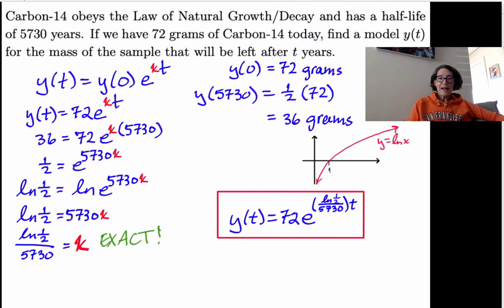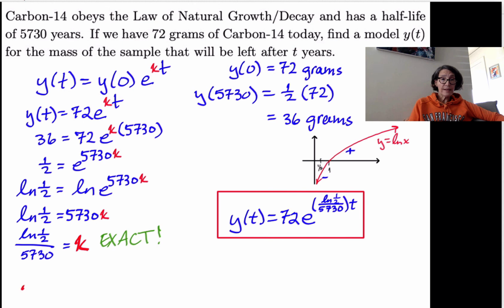For any x greater than 1, the y-coordinates are positive. The natural log of a number greater than 1 is a positive number. But the natural log of a number between 0 and 1 is a negative number, and 1/2 is between 0 and 1, so the natural log of 1/2 is actually negative.